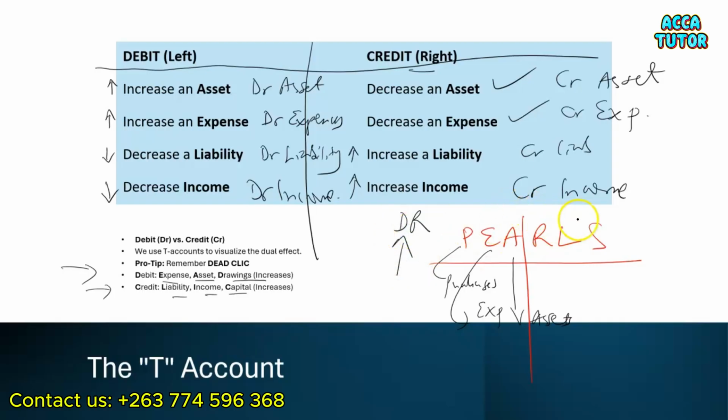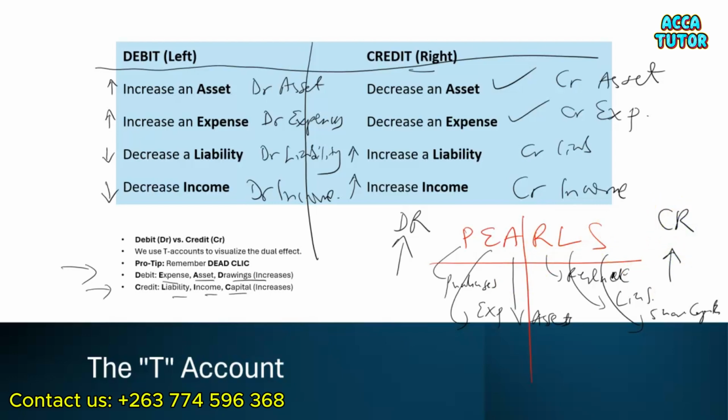And this other side is on the right here. This one was revenue, sales, liabilities. This one, share capital, or just capital, the S. All these, whenever they were increasing, we were crediting.